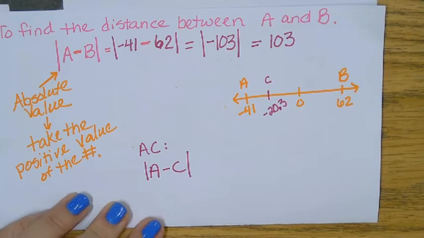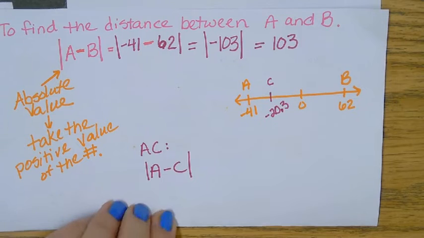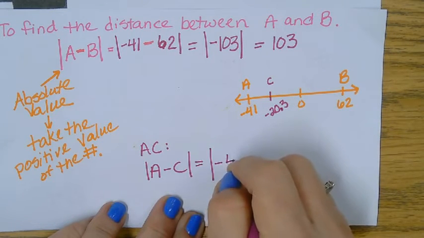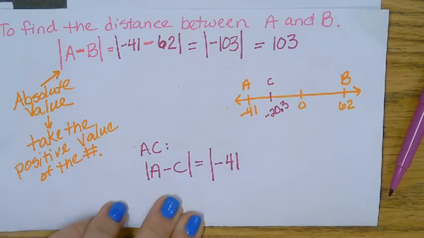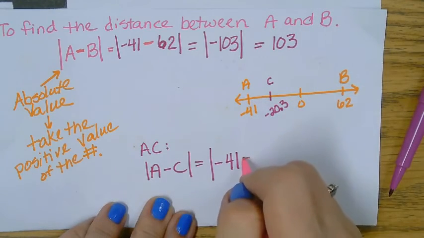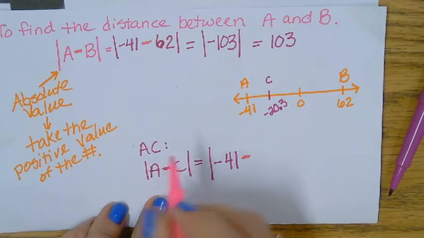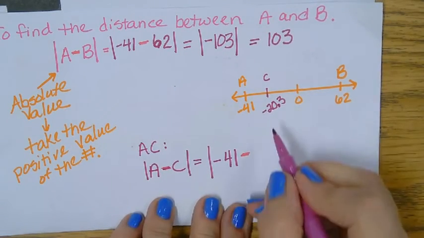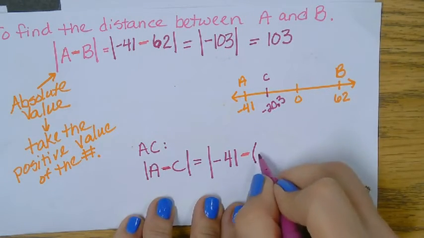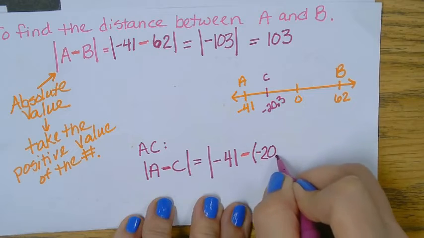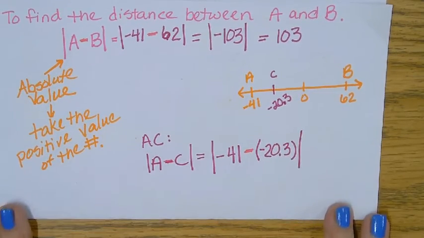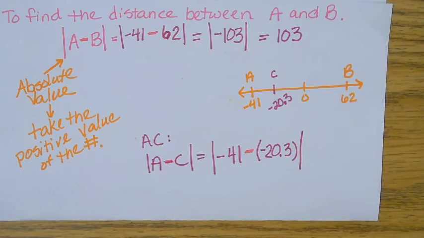So we're going to do A minus C, negative 41, and then I'm going to subtract, that comes from here, right? And what am I subtracting? Negative 20.3. Put that in parentheses so I didn't lose that negative that went with it.